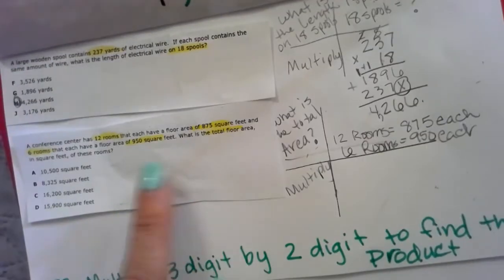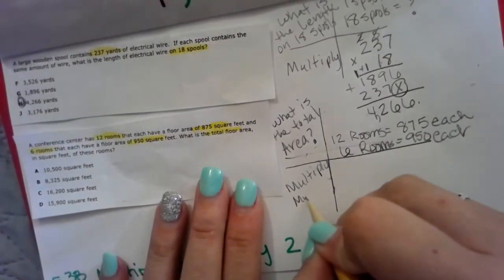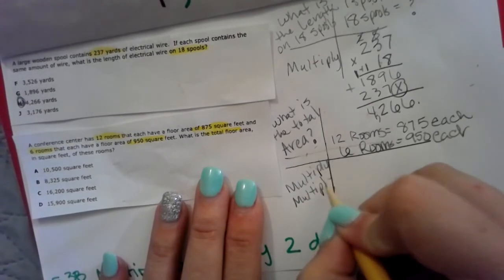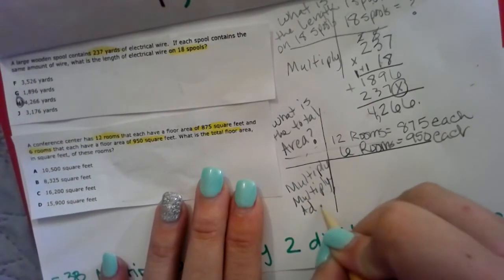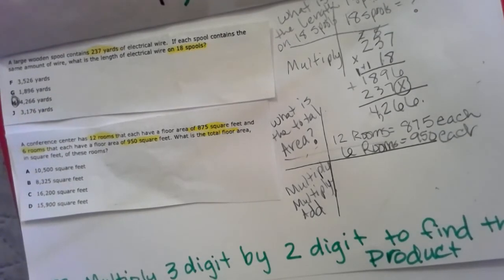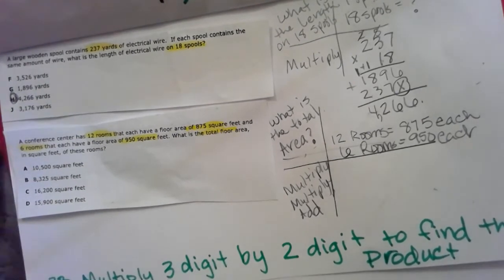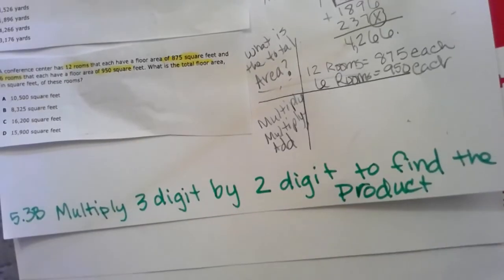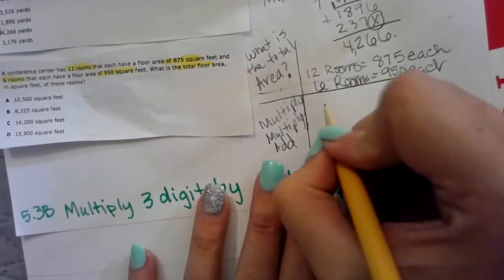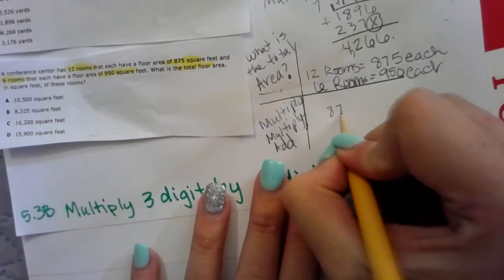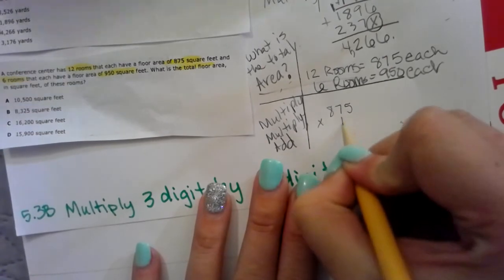I'm going to multiply to find out the 6 rooms. And then what do I got to do to find out the total? I'm going to add. Very good. Okay. So if you want to pause the video at this point and try and solve this problem on your own and then come back and check your answer, that might be a really good idea to just make sure you're understanding.